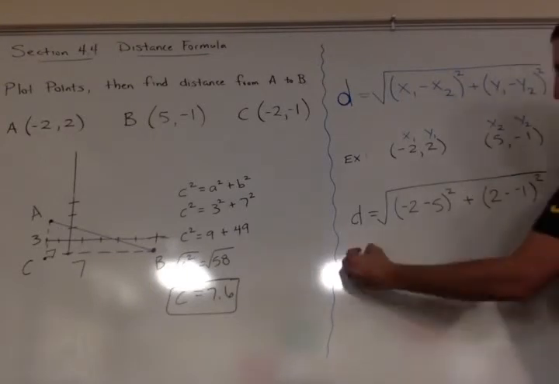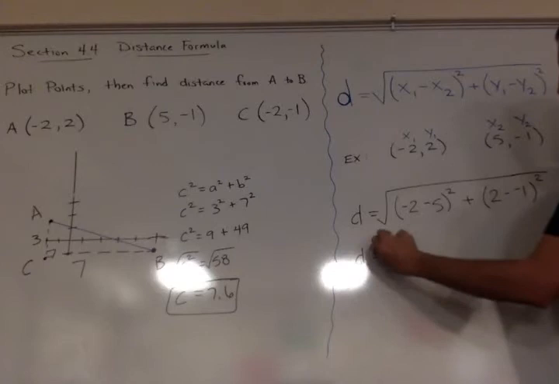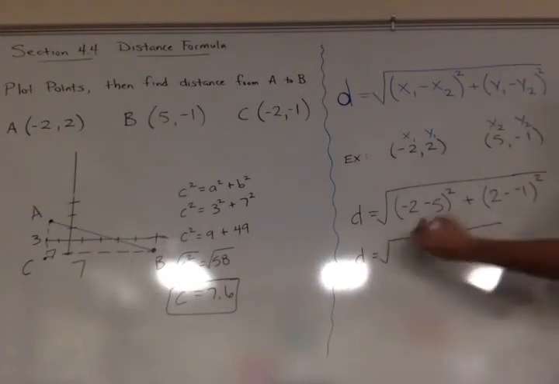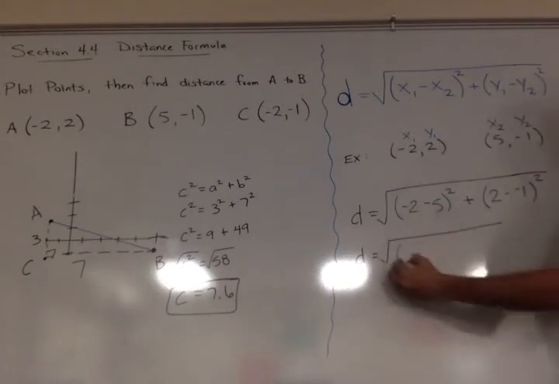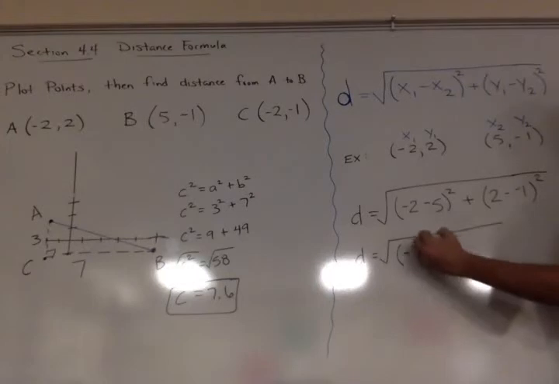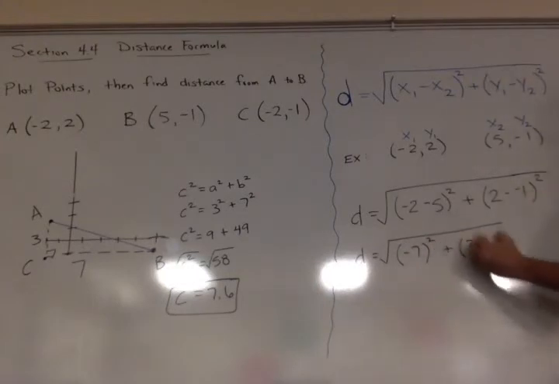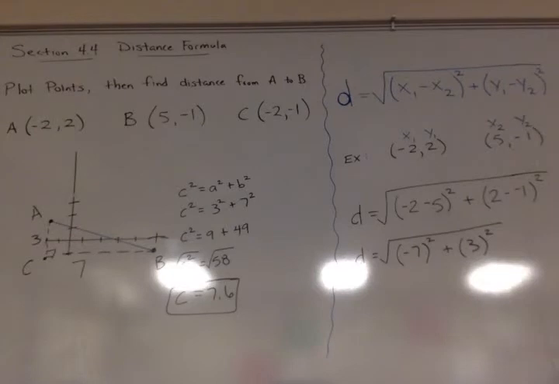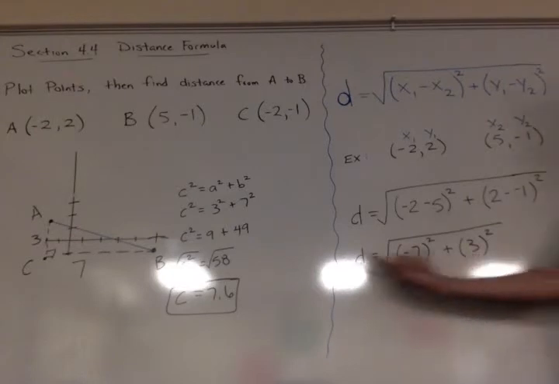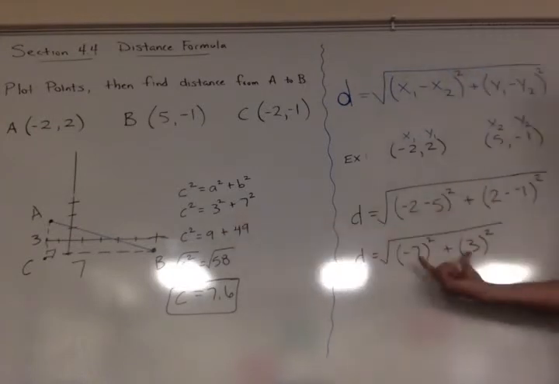So as I calculate here, I've got the square root of negative 2 minus 5. That would be negative 7 squared. 2 minus a negative 1 would be 3 squared. Notice you're starting to see some of the same numbers come up from here, and they're over here in the distance formula as well.